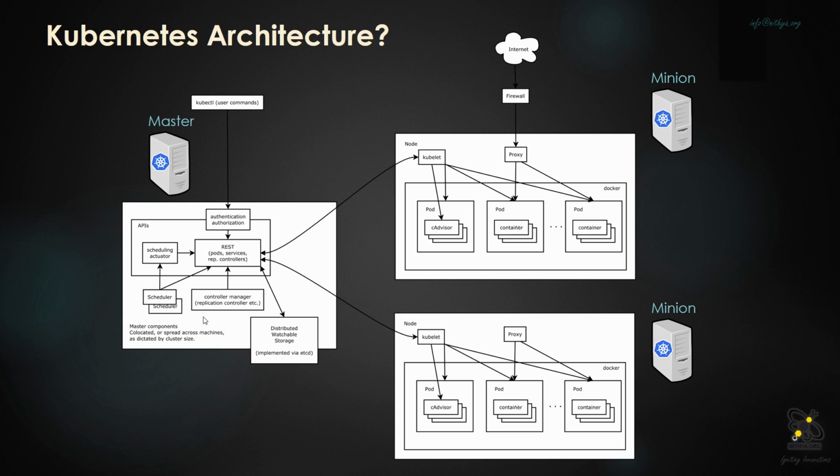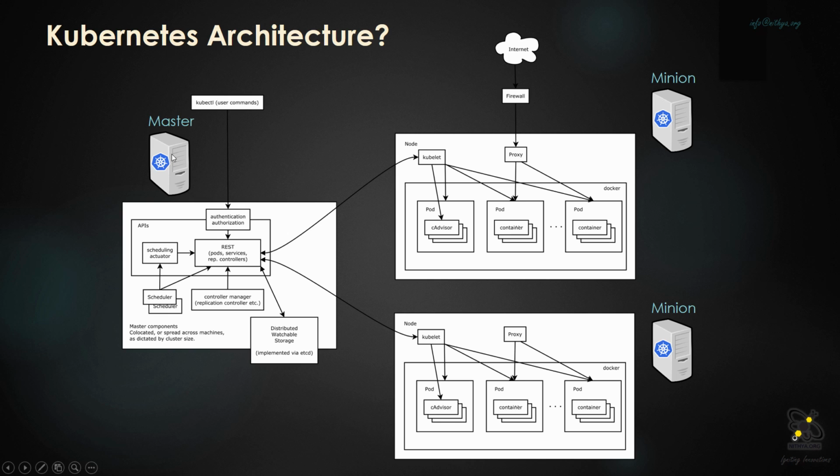Here it's so big, many complex components are built into a Kubernetes cluster, so don't worry about it. In the next slides, I'm going to explain it. But as of now, a Kubernetes cluster is nothing but a master and a number of minions. The master controls the minions through the master components, which are shown on the left side.